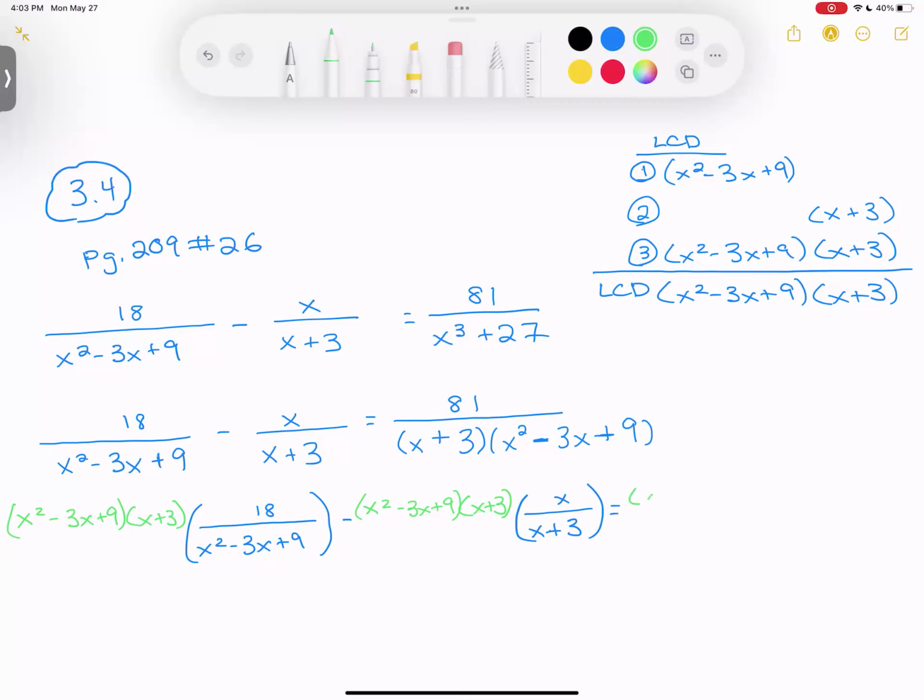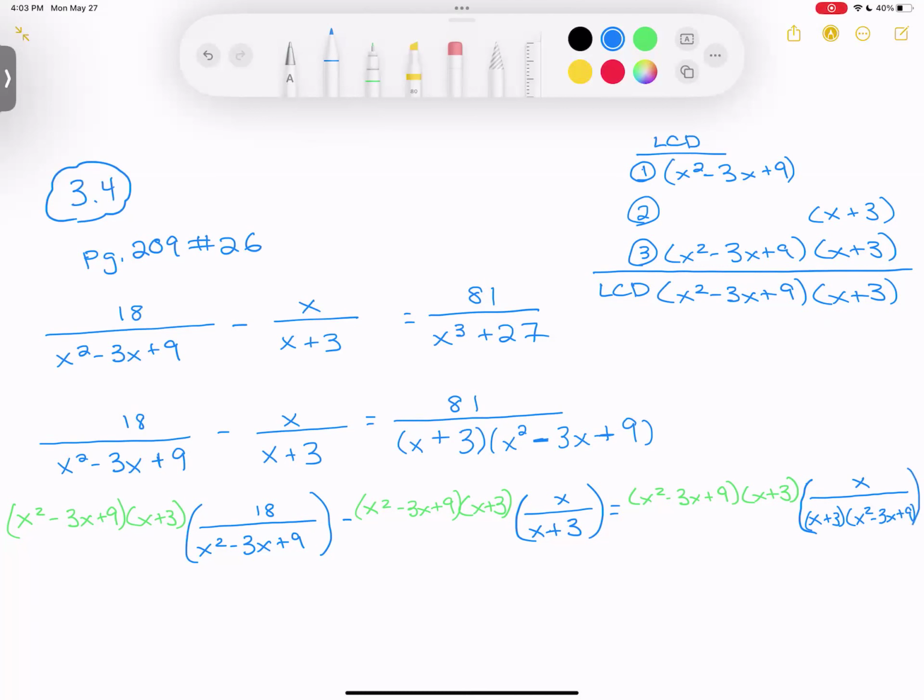There are faster ways to write this out, and you're welcome to use them, but I encourage you when you're first learning this, writing it out is really good practice to remember what it is you're doing. Like I said, it all pays off because in a minute we get to cross everything out. Oops, this is x plus 3 times our quadratic there.